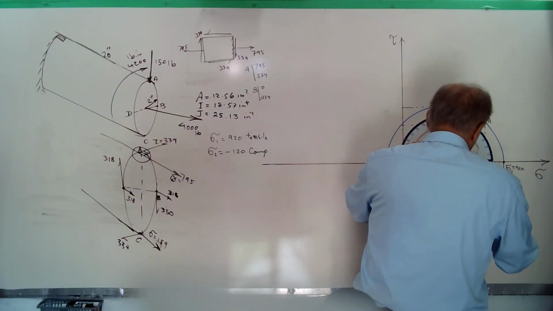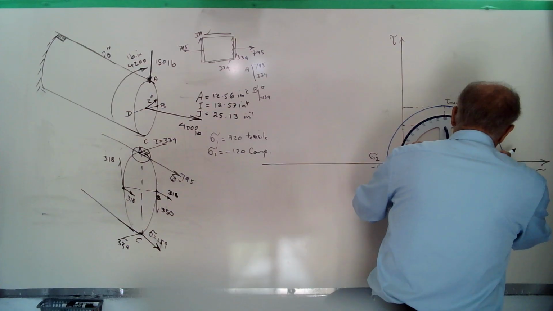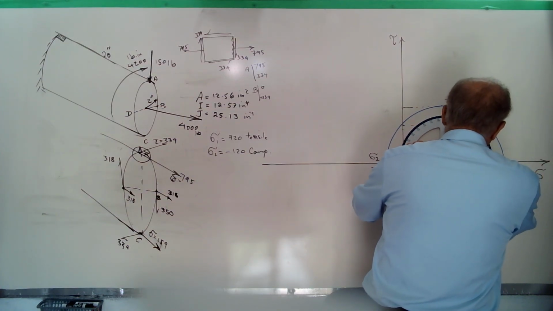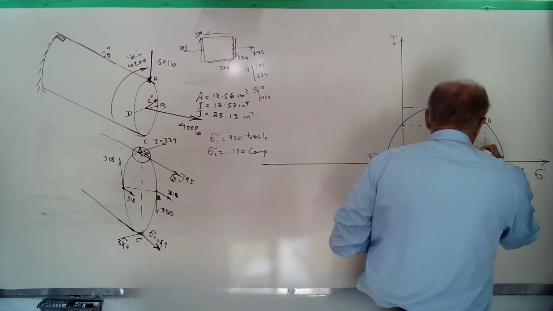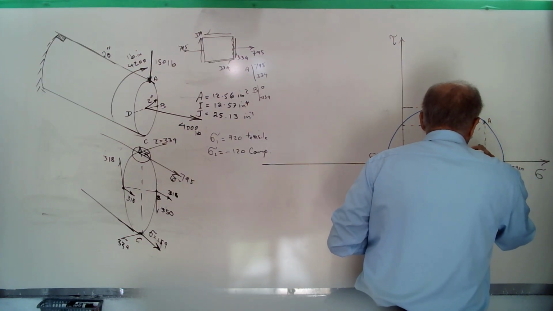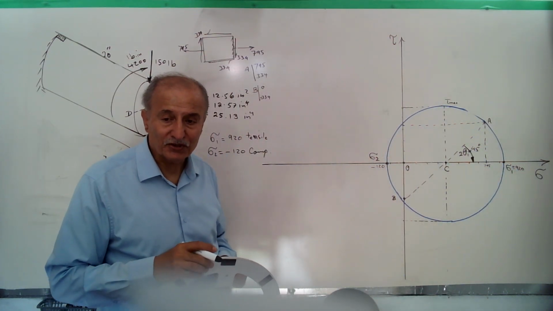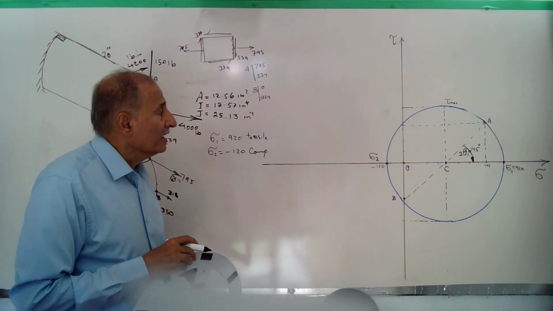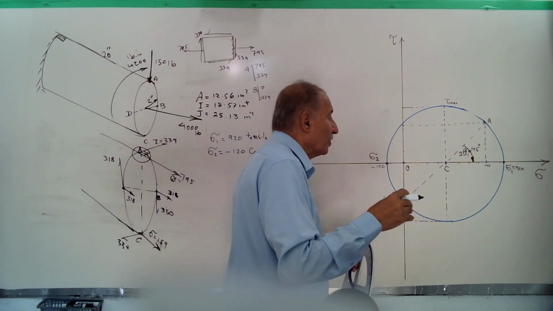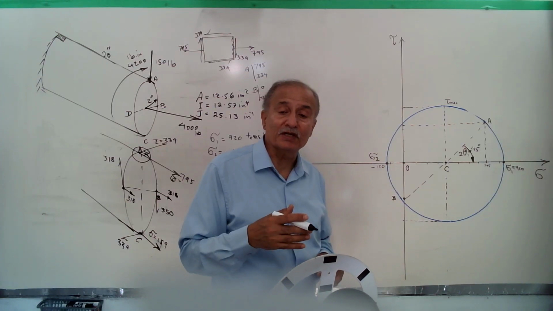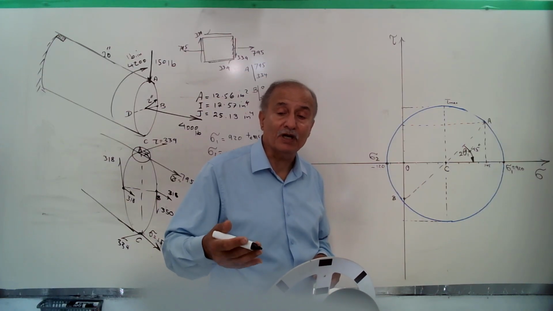And it is 45 degrees. This is called 2 theta 1. Any angle on Mohr circle is doubled, and if you derive the formula for Mohr circle, you reach an equation of a circle which is based on 2 theta.